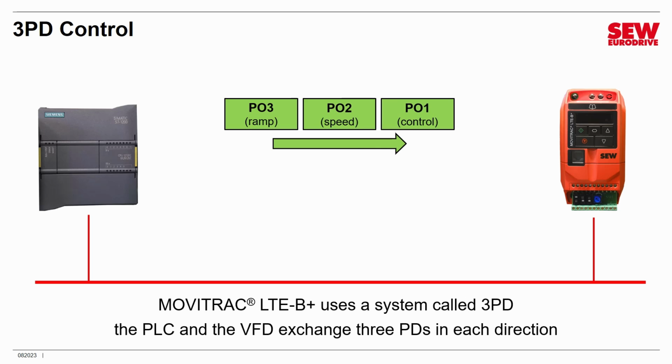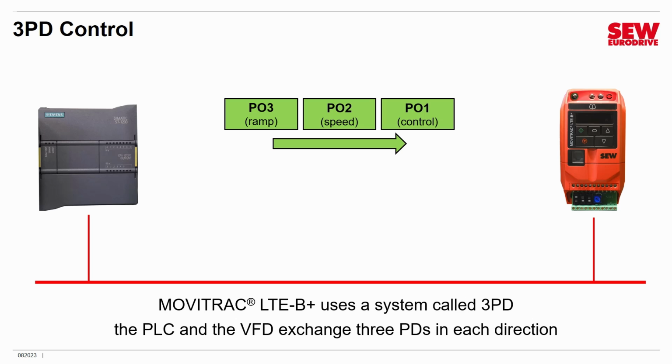The PLC sends 3 process data words to the VFD to control it. Process output word 1 is the control word. It contains individual bits that activate and deactivate features within the VFD. PO2 contains the speed, telling the VFD at what speed to run the motor. And PO3 contains the ramp, which tells the VFD how to accelerate or decelerate.